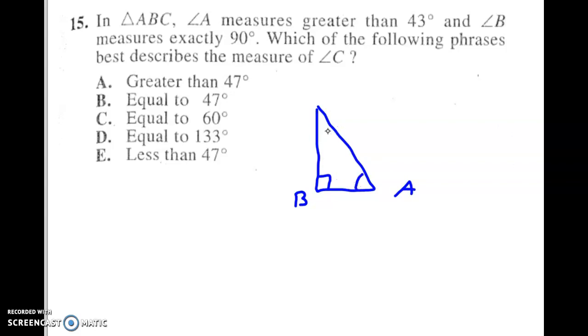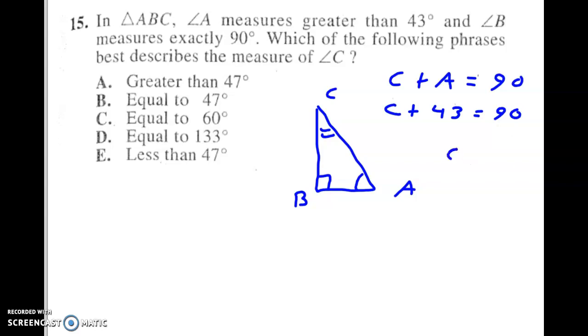And so what do we know about C? So if we have angle C up here, right? They always have to add up to 180. And since B is 90, then A and C together have to equal 90 more, to get 180 total. And so we know that A is more than 43.